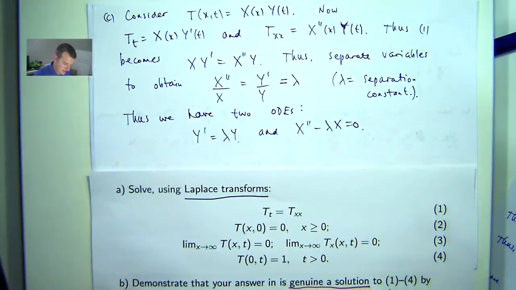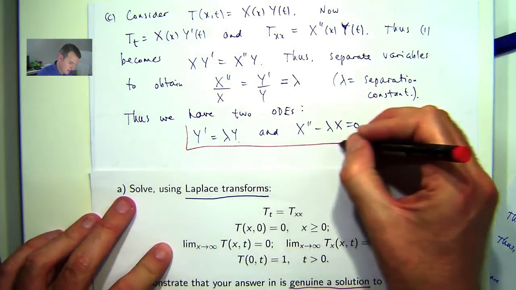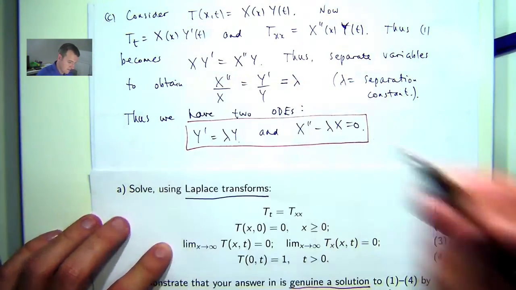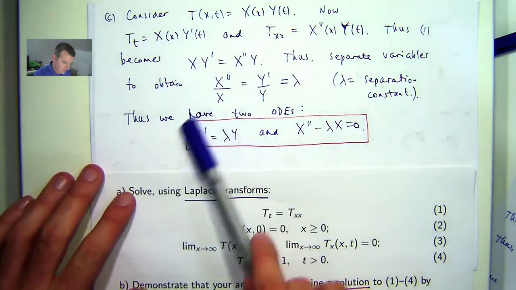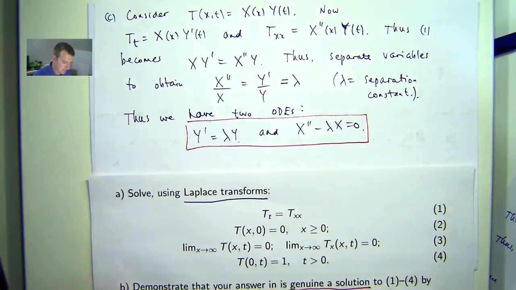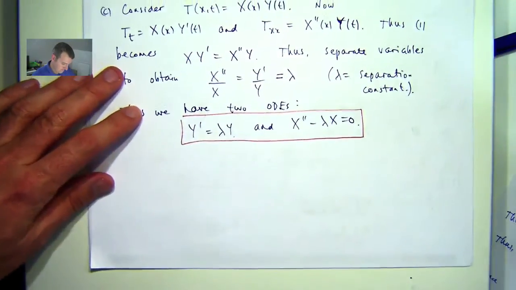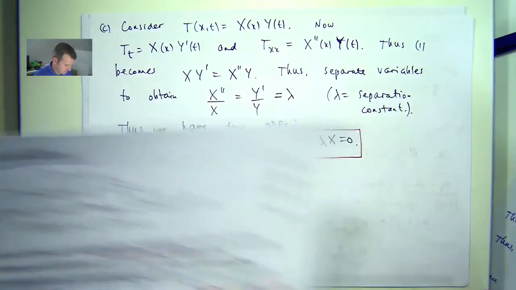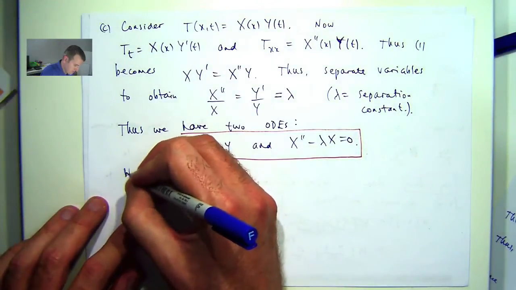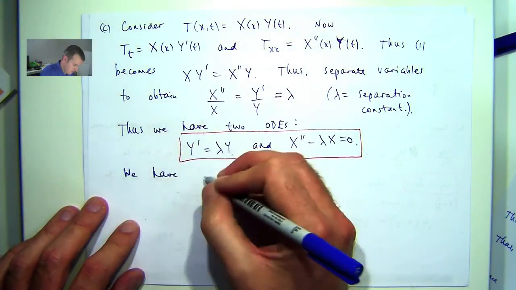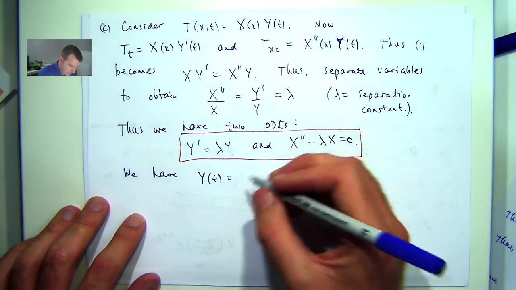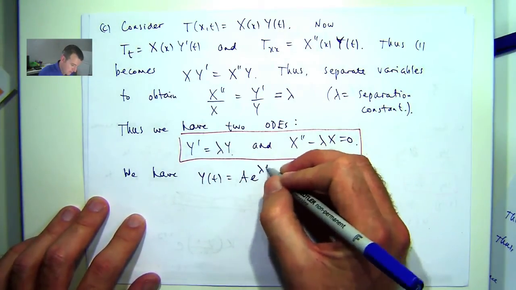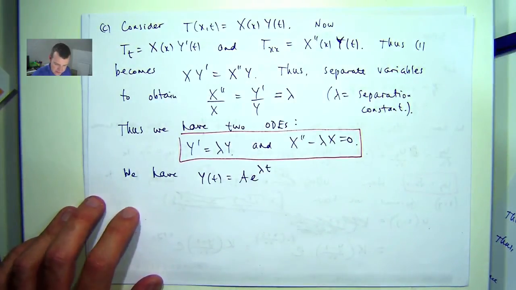Okay. So what we'd like to do is solve these, and I can solve this first order ODE immediately. It's going to be something like an exponential function, where A is a constant.